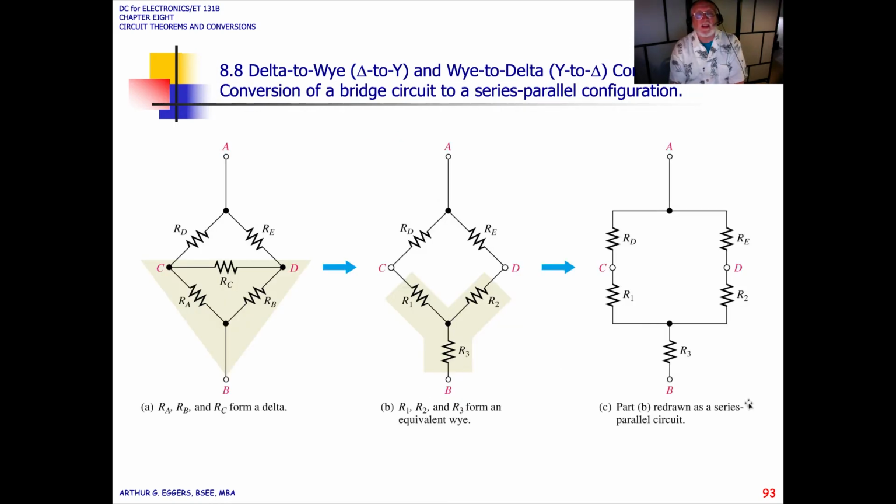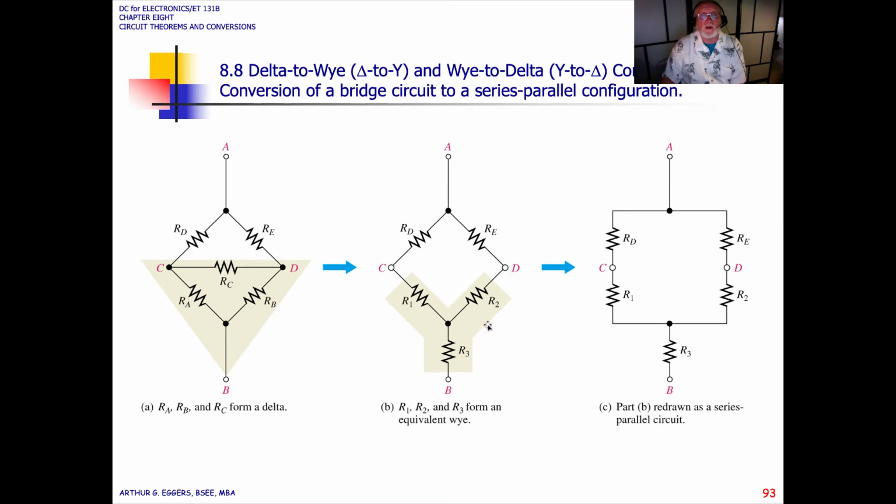Looking at a specific example here where we're going to convert a bridge circuit to a series parallel configuration, you can see what they tell you to do. Identify RB, RA, and RC accordingly, and that forms a delta.